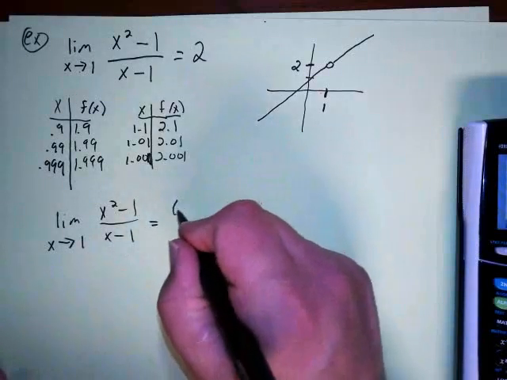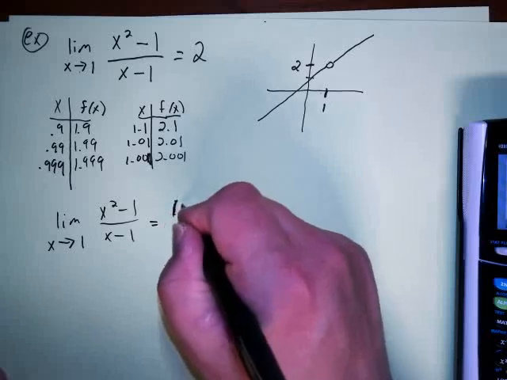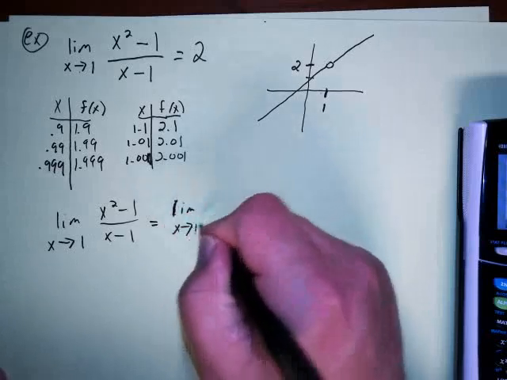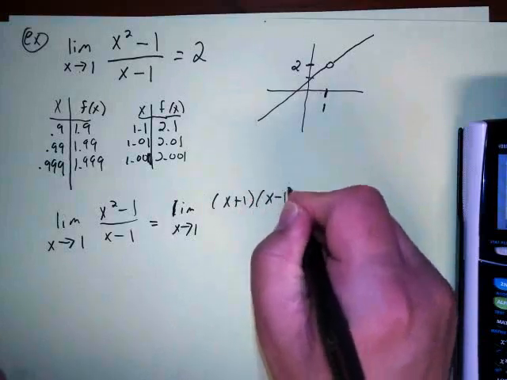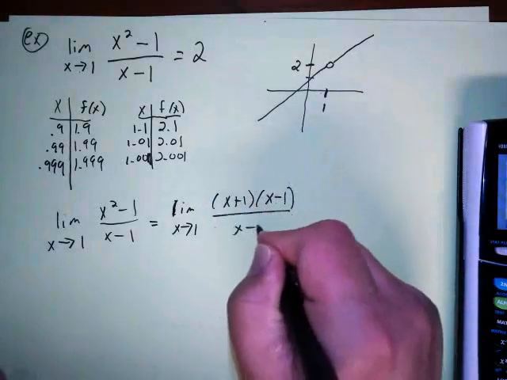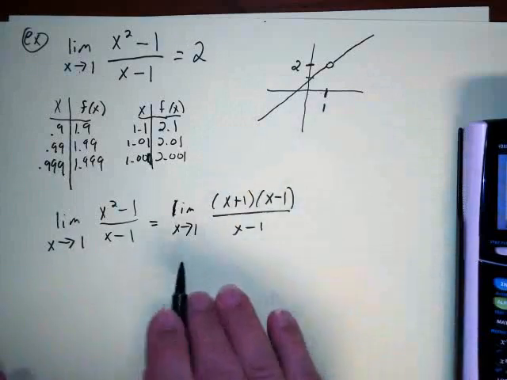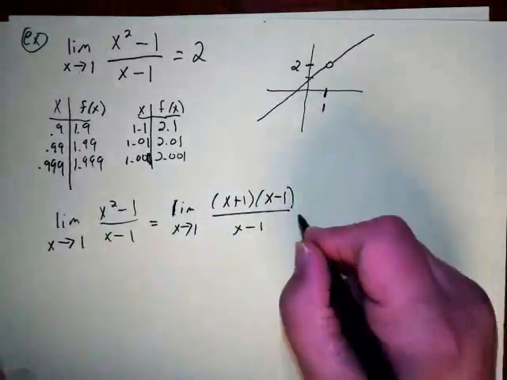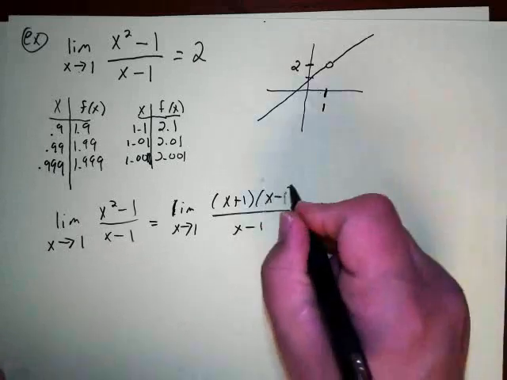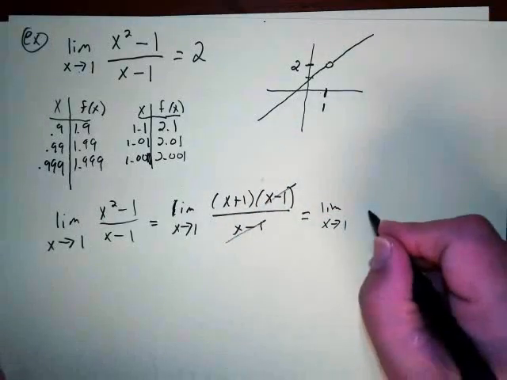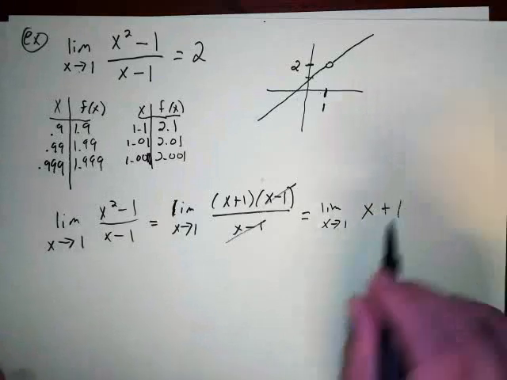But this is just equal to the limit as x approaches 1 of (x plus 1)(x minus 1) all over x minus 1. Okay? And so this is equal to the limit as x approaches 1. This ends up canceling out, and the behavior of it is equal to this.